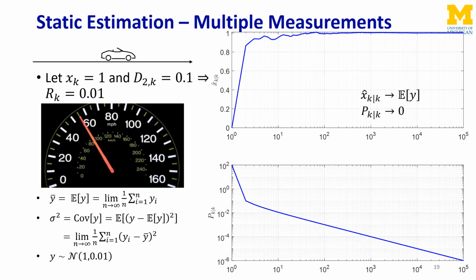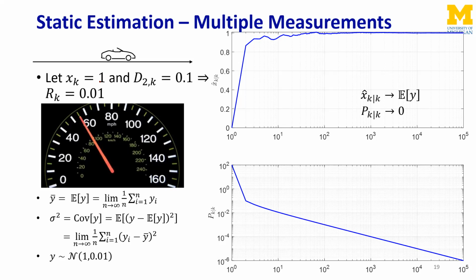So let's suppose the sensor is producing, actually it's messed up. So I assumed the true value of X is 1. So forget 60 miles an hour. Just assume that the true value is 1, 1 mile per hour.